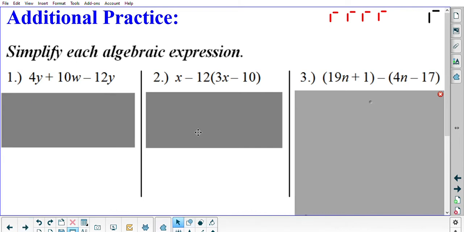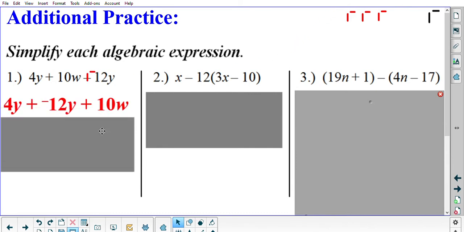Problem number 1. We have like terms, 4y and 12y, but we cannot use the commutative property and switch the order when there is a minus. So, hopefully, you made the subtraction become adding the opposite and then switched the order. Now, in Algebra 1, you might not make the subtraction adding the opposite.